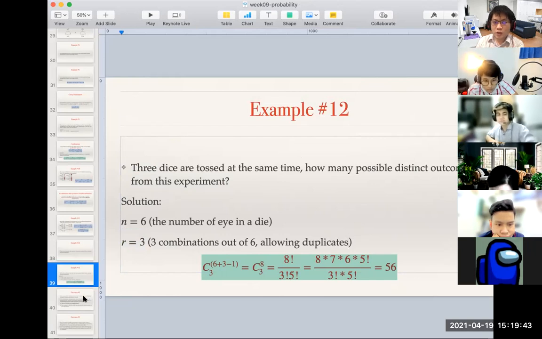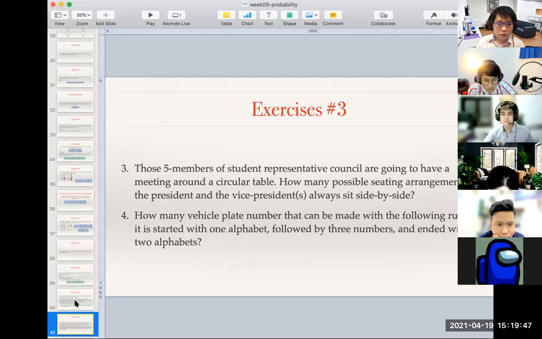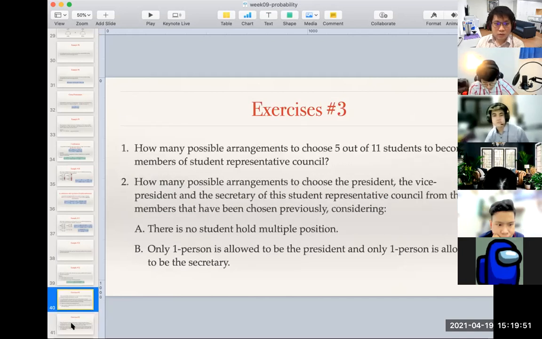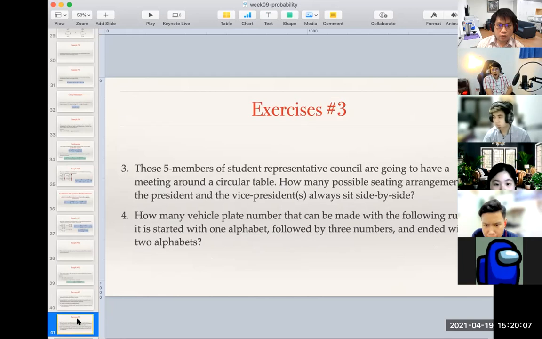Clear. Okay, so we have the self exercise here. We have 4 questions. Maybe you want to take a screenshot first for the questions. 1, 2, 3, 4. Maybe we only need to do 2 questions considering the time.